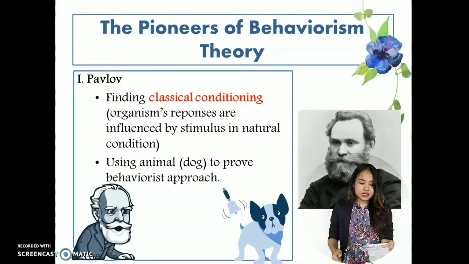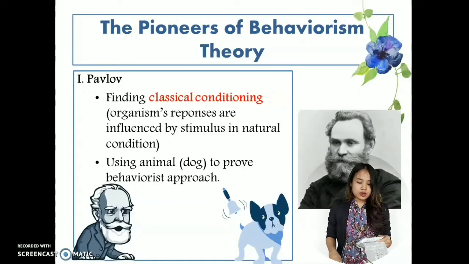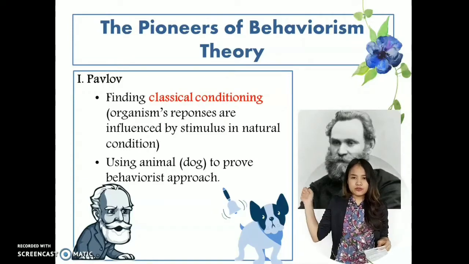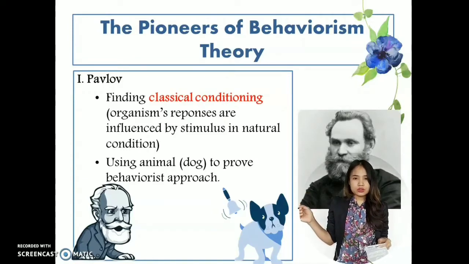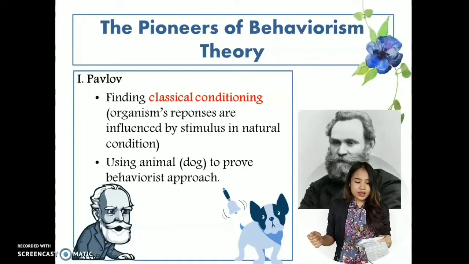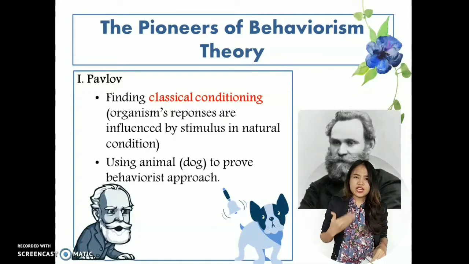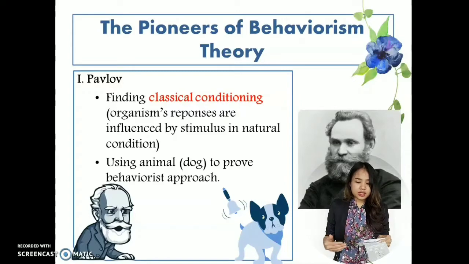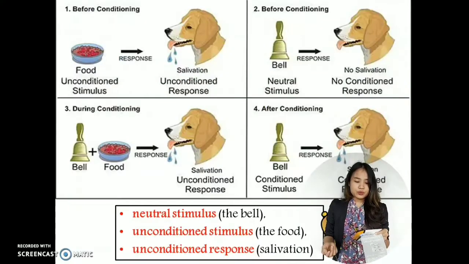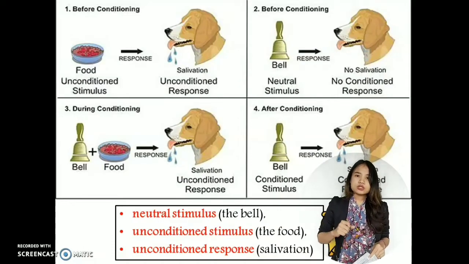Pavlov demonstrated classical conditioning by using a neutral stimulus. You can see from the picture, the neutral stimulus, the bell, will not produce a response like dog salivation. Then the unconditioned stimulus, like the food, will produce an unconditioned response such as dog salivation.